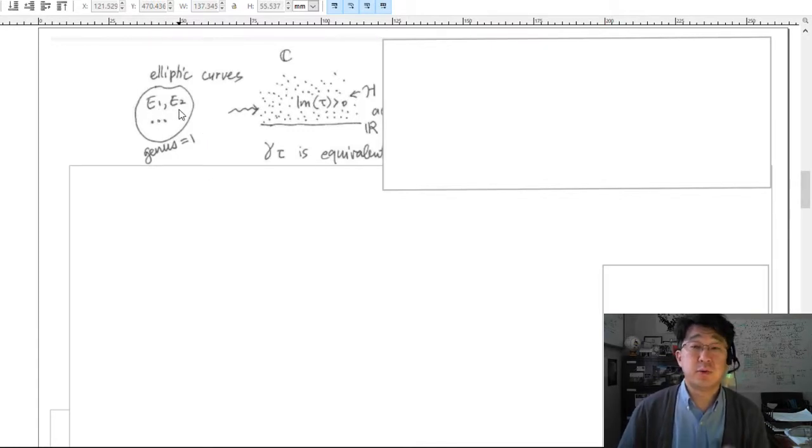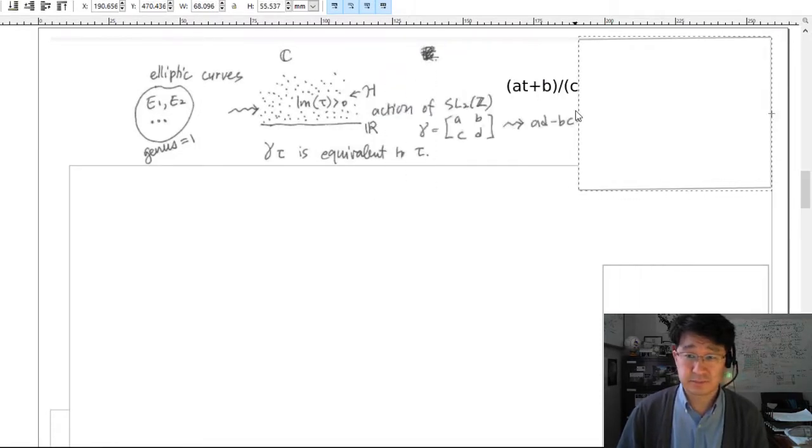E1 and E2 can be isomorphic to each other, and they translate that isomorphism relation into here. If E1 goes to one point in the upper half plane and E2 goes to another point, and they're isomorphic to each other, how does that translate in here? So this is their answer.